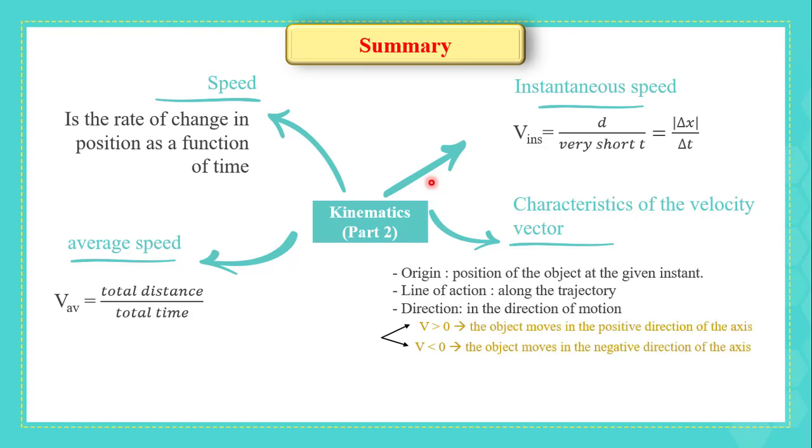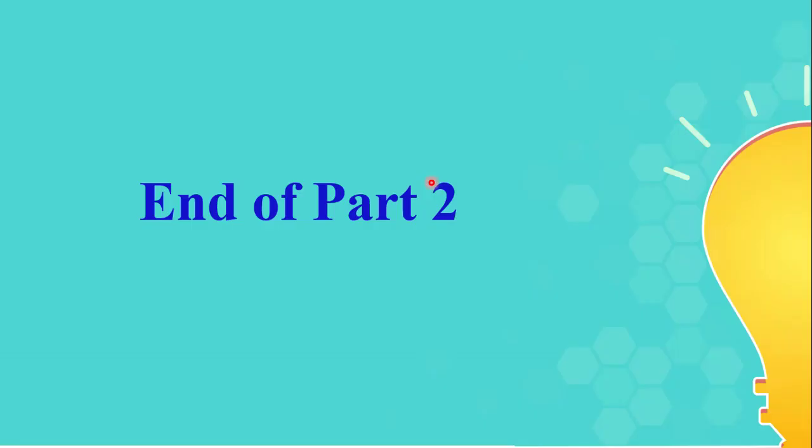If v is positive, then the object moves in the positive direction of the axis, and if v is negative, then the object moves in the negative direction of the axis. And finally, the magnitude, which is the speed of the object at the considered instant, calculated by calculating the norm of the v vector. This is the end of part 2. Thanks for your attention.